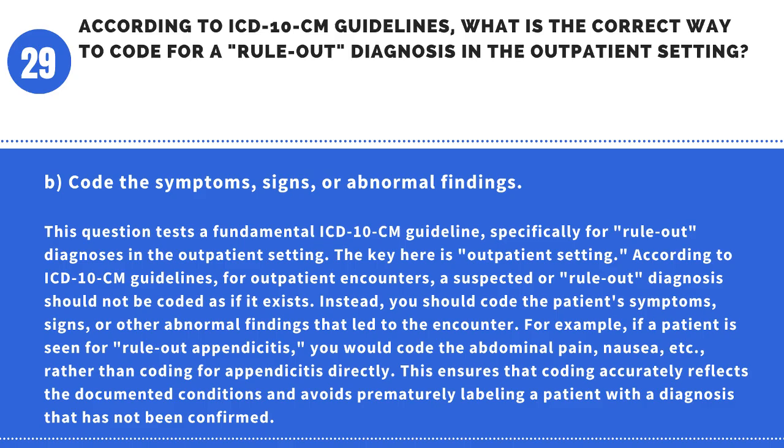Instead, you should code the patient's symptoms, signs, or other abnormal findings that led to the encounter. For example, if a patient is seen for rule-out appendicitis, you would code the abdominal pain, nausea, etc., rather than coding for appendicitis directly. This ensures that coding accurately reflects the documented conditions and avoids prematurely labeling a patient with a diagnosis that has not been confirmed.